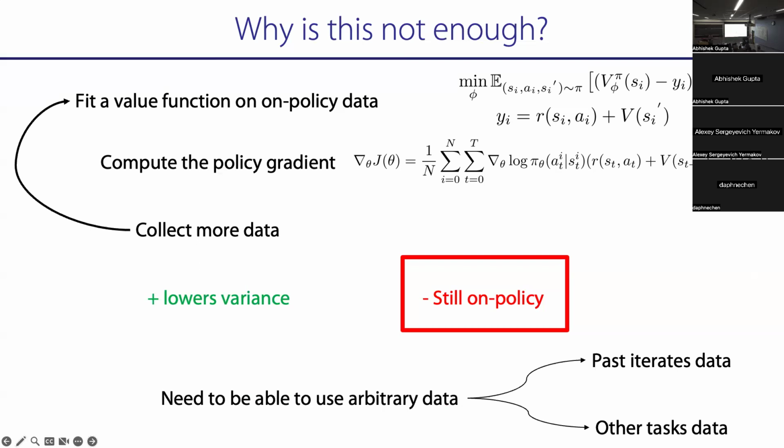But we really want to be able to use off-policy data, even from past iterations of running this thing. You also want to be able to use data from other tasks or other experiments or expert demonstrators or anything else. So you want a method that uses arbitrary data, not just data from pi.